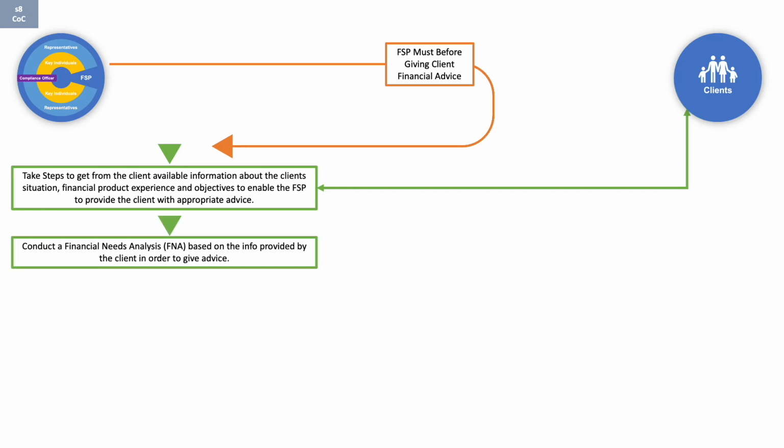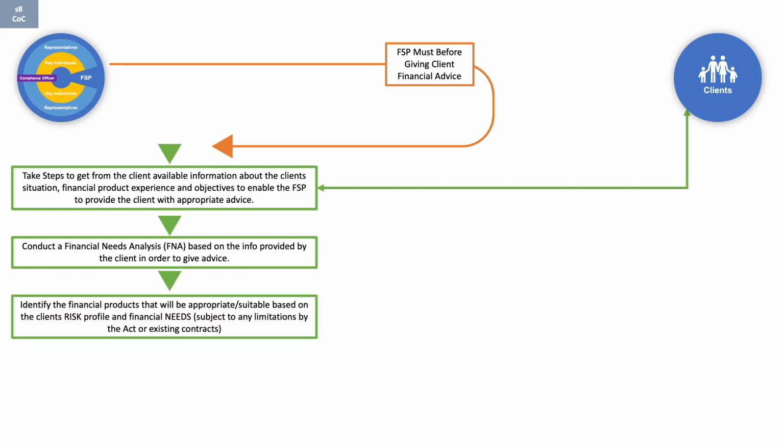The FSP must then conduct a financial needs analysis, FNA for short, based on this information provided by the client in order to give advice. From this analysis, the FSP will identify the financial products that will be appropriate and suitable based on the client's risk profile and their financial needs.